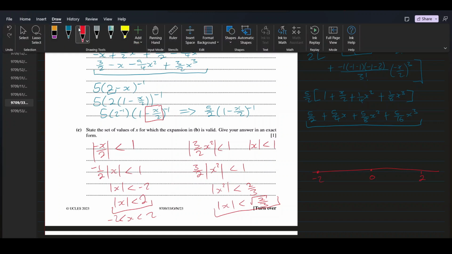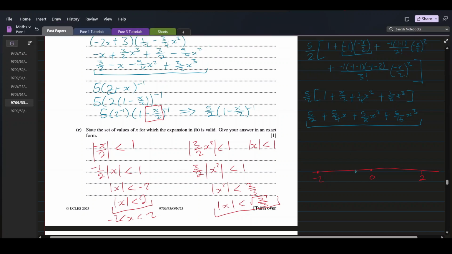Now let me change color to blue. Root 2 over 3, if you punch that into your calculator, gives you approximately 0.8. So 0.8 would be somewhere here. This is negative 0.8, and that would be 0.8. So that means our blue line would be running from here to here.